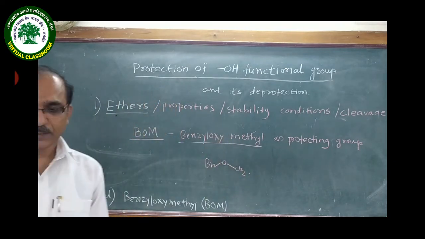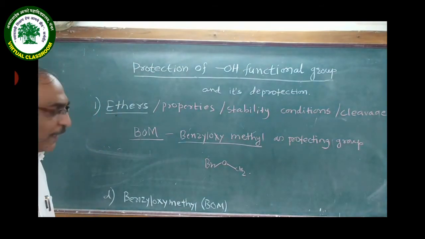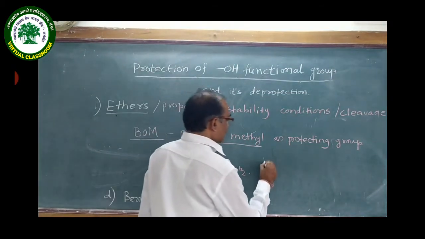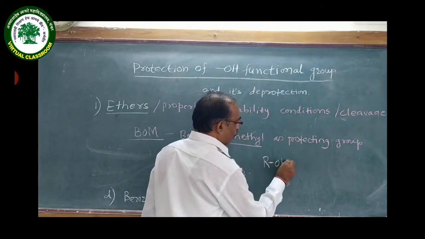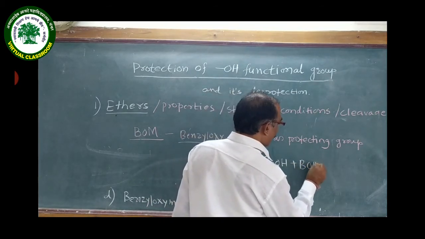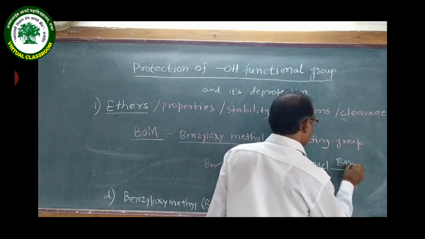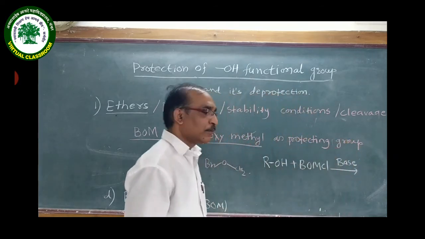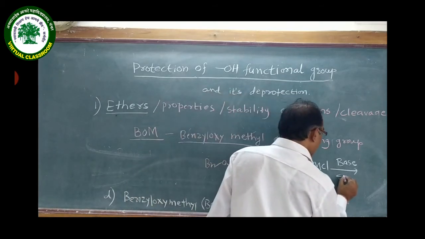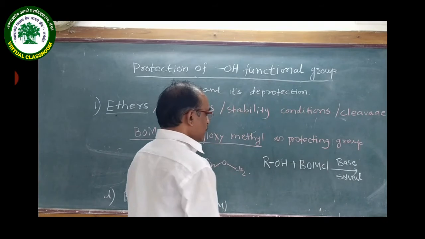So for writing this as a protection, how can we write this? This is alcohol ROH, then BOM chloride and base and solvent also. Then what happens?